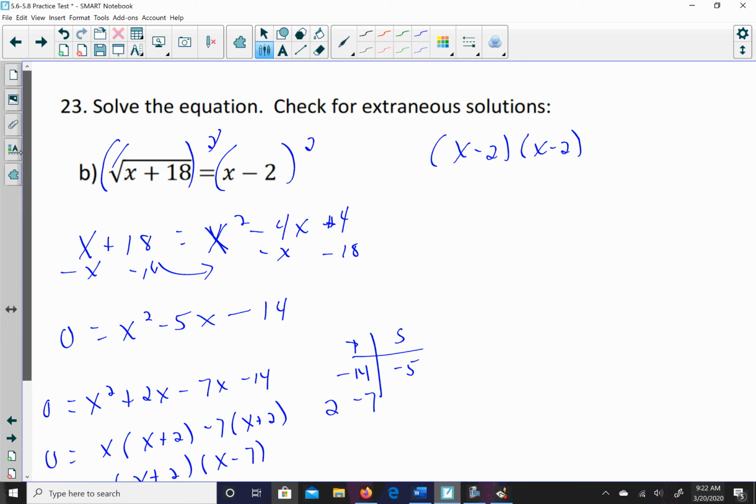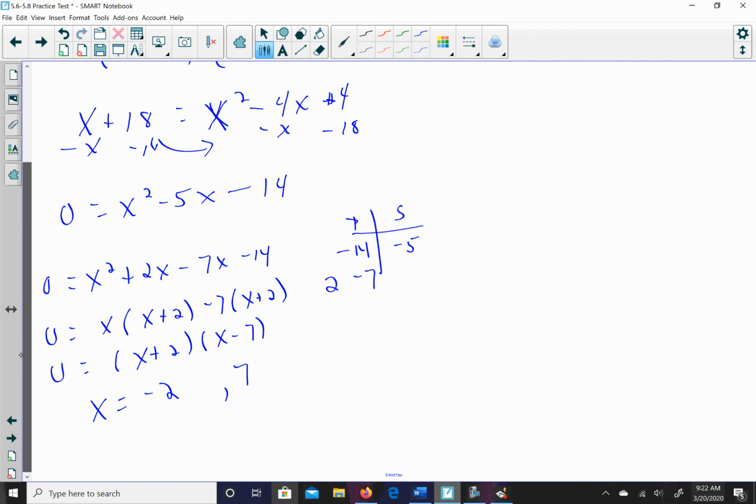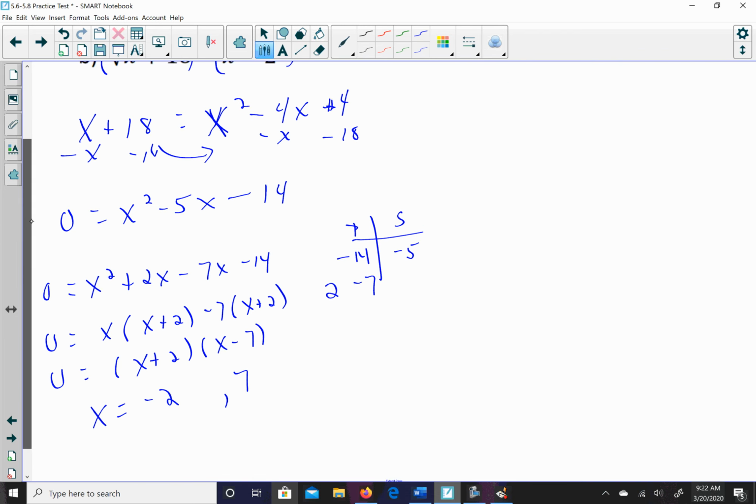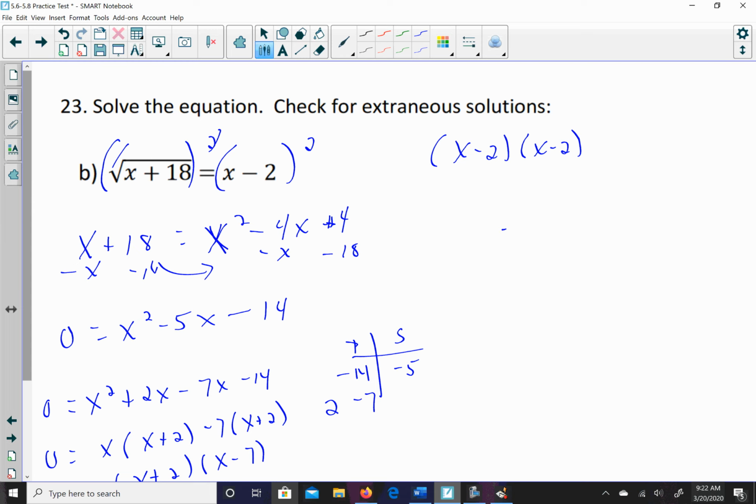I have two answers, so I'm going to check both of those answers. So my answers are negative 2. I'm going to try the square root of negative 2 plus 16 and see if that is equal to negative 2 minus 2. Oh, I said 16. That's because I did it in my head. This will be the square root of 16 is equal to negative 4.